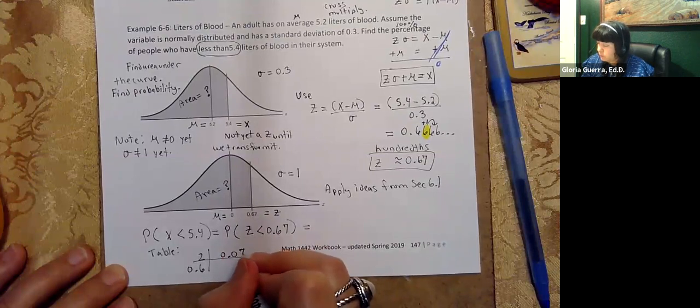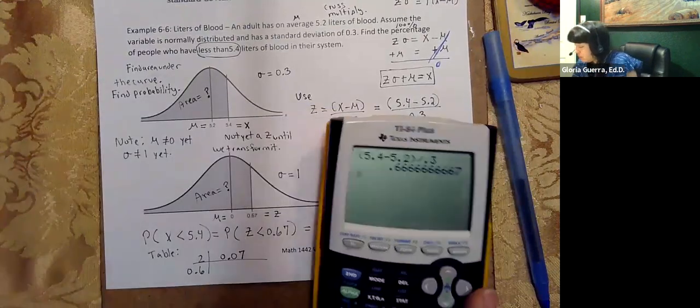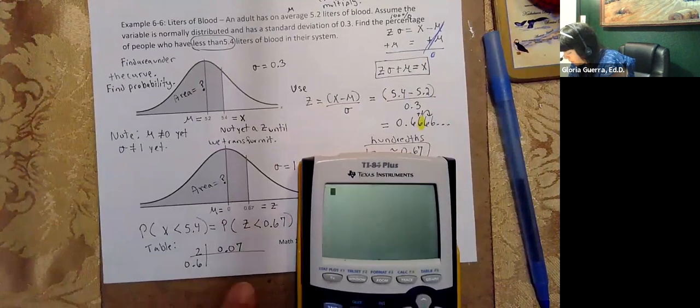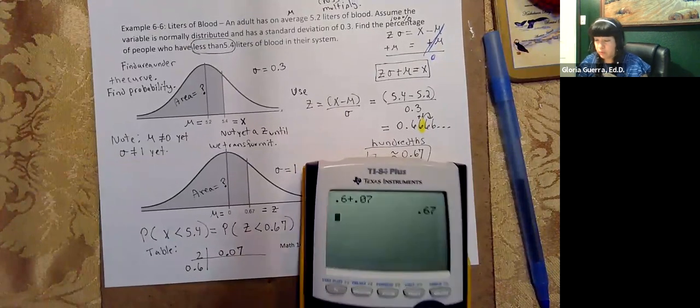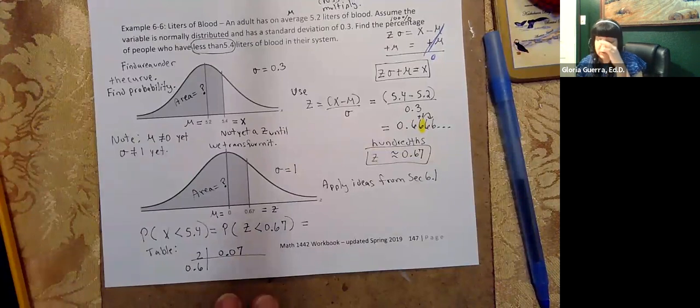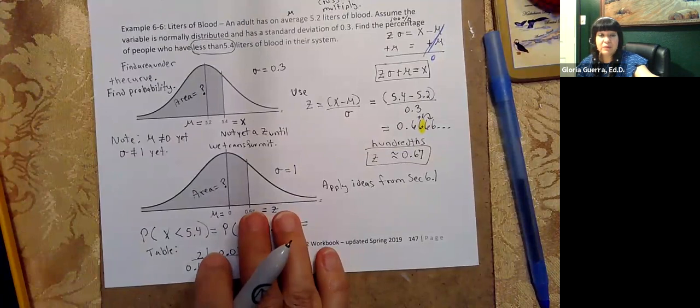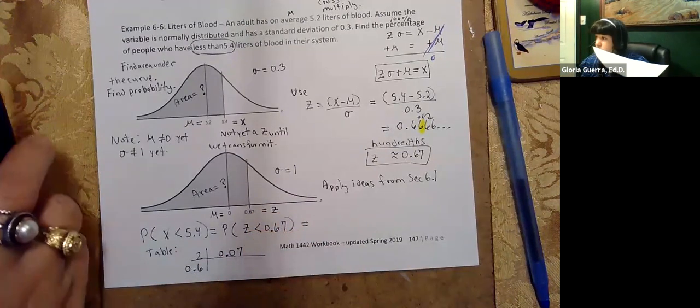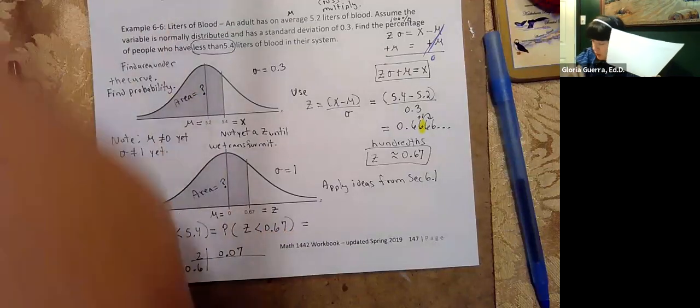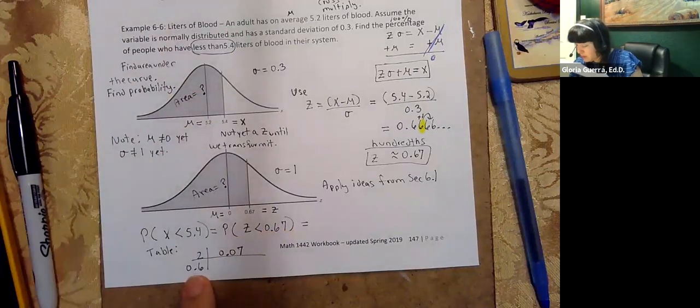So if I were to add those two values, 0.6 plus 0.07, you see how that gives you 0.67, right? So we did that for 6.1. Okay, and now I'm going to use a table. See, it's on the positive side. So you want to get your positive side of Z. And I like to use my two rulers. And I'm looking at 0.6.